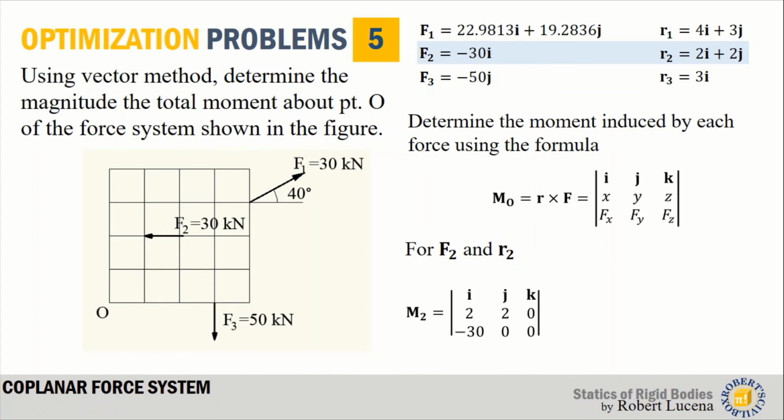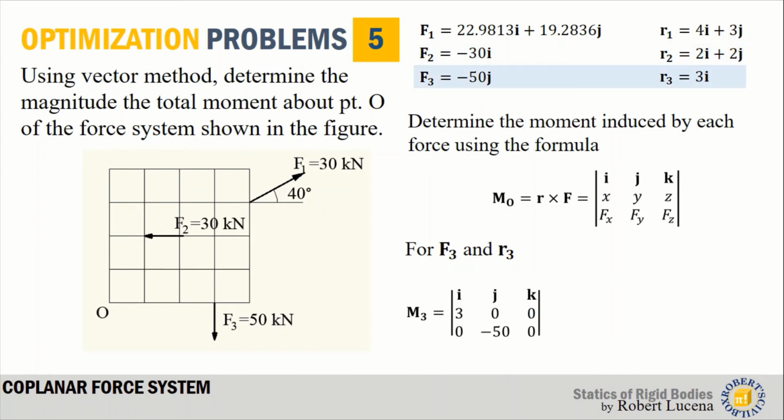Let's proceed with M2, and still satisfying this formula, we simply substitute the values. So x now is 2, y now is 2, and k is 0. For this one, we have negative 30, and 0j and 0k. We now get vector M2 equals 60k, and the magnitude of vector M2 is 60 kilonewton meter.